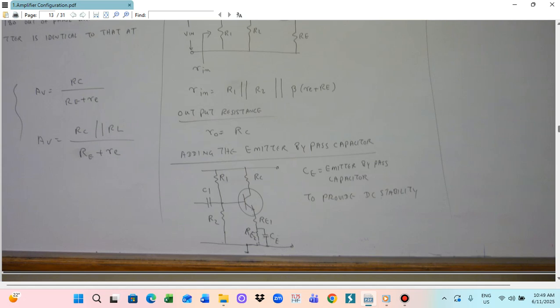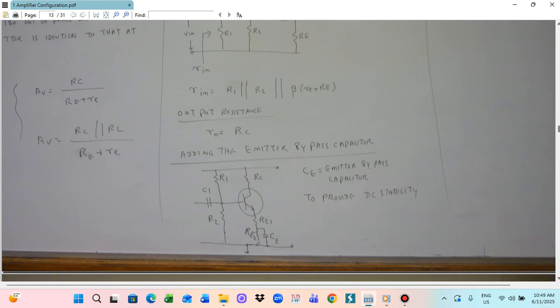Adding the emitter bypass capacitor, in this circuit you can see that RE can be divided into two components, RE1 and RE2. For example, if RE is 3 ohms, you can divide it into 2 ohms and 1 ohm. RE2 is connected in parallel with a small capacitor CE.